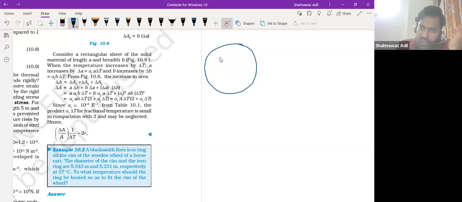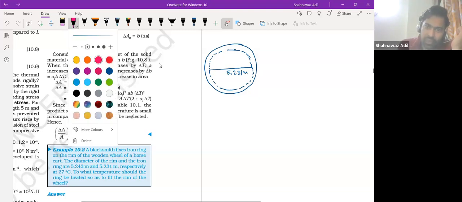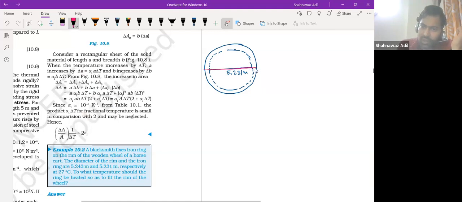This is the wheel, and this is the iron ring. This diameter is 5.231 meters, and this one is 5.243 meters.